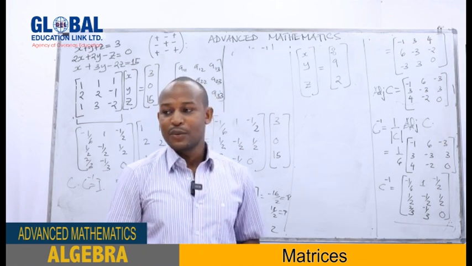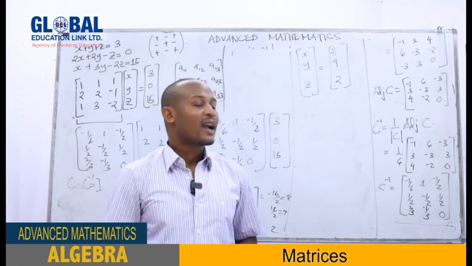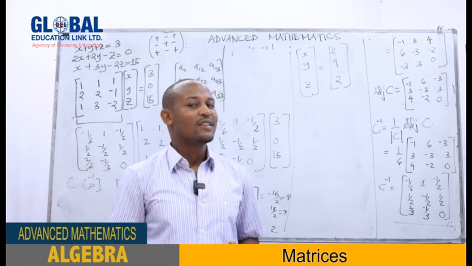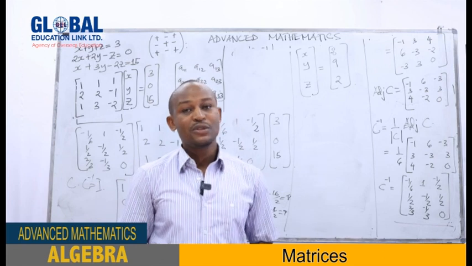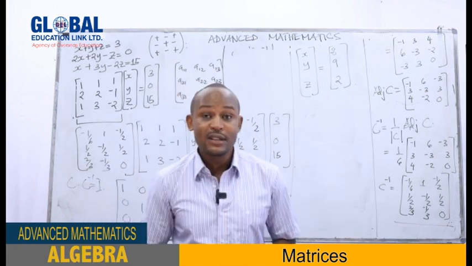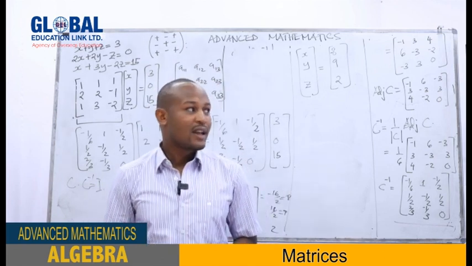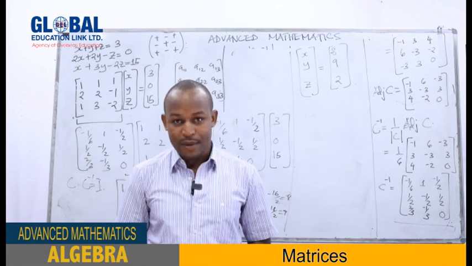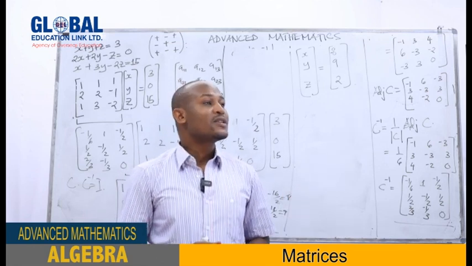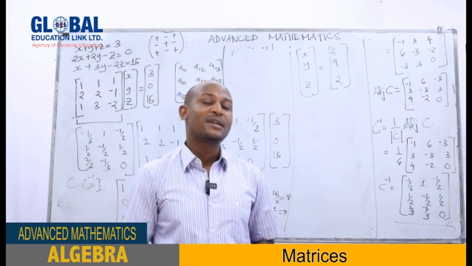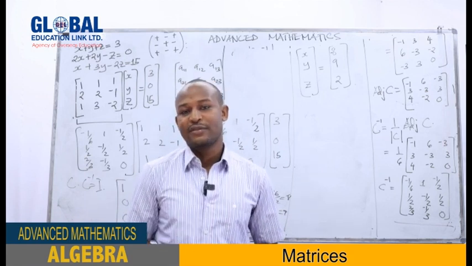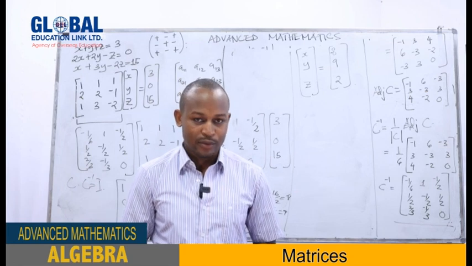So you are left with the dilemma: can I use Cramer's rule or the inverse method? Now when you are told to find the values of the variables by using the matrix method, that means you are to use the inverse method. And when you are told to find the values of the variables by Cramer's rule, then it will be stated that you have to find by the use of Cramer's rule.